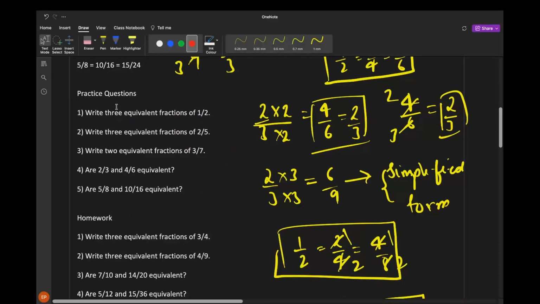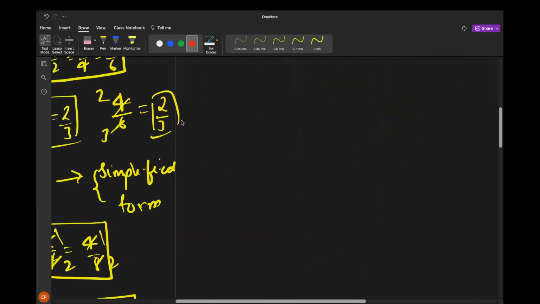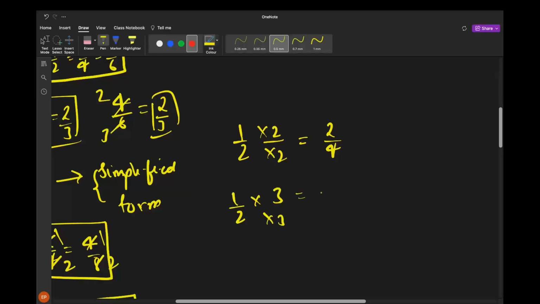Here are some practice questions. Write 3 equivalent fractions of 1 by 2. For 1 by 2, let me multiply both numerator and denominator by 2, which gives 2 by 4. And you can multiply by 3 also, which gives 3 by 6. Multiply by any number; I am multiplying by 4, so it goes 4 by 8.